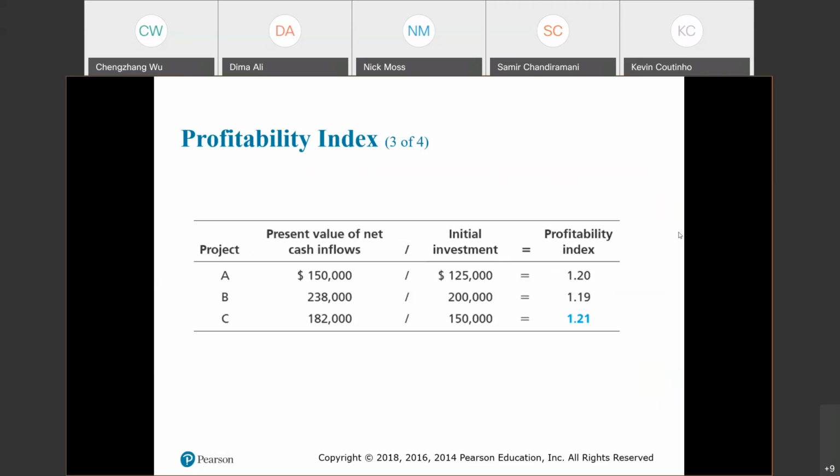So let's compare the profitability index for all these 3 alternatives. We can see that the profitability index shows project C is the best of these three alternatives because it returns $1.21 for every $1 invested.